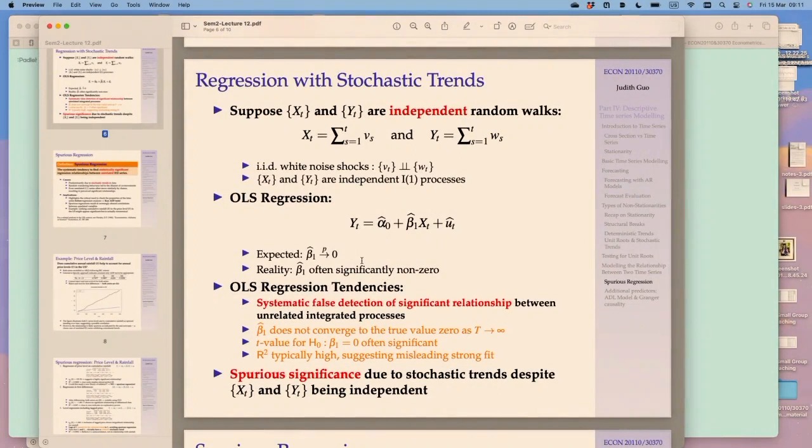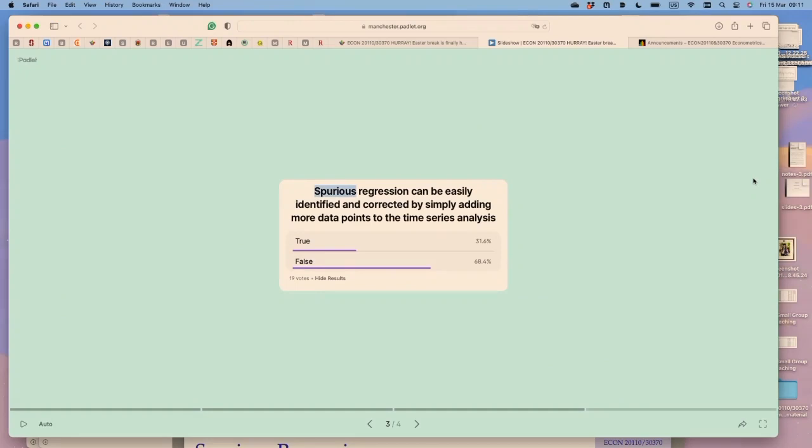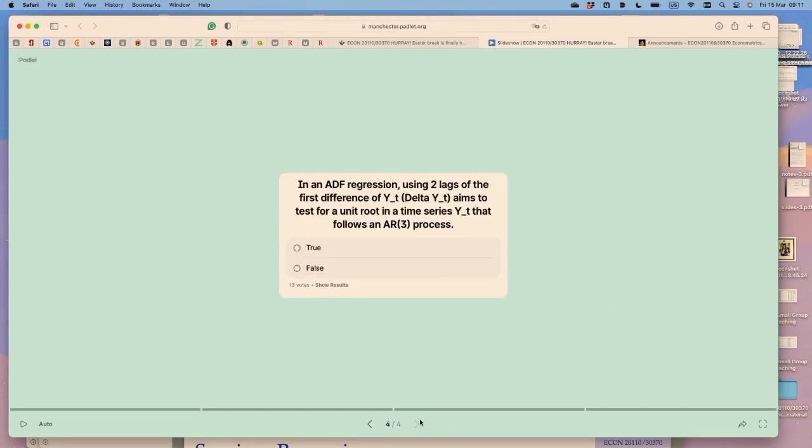And the t-value will remain large regardless of how large the sample size, and the R square will also stay quite large. So this is incorrect. Either you balance both sides of the equation by the same stochastic trend, by including a lag-dependent variable on the right-hand side, or you run regression using stationary time series. So this is the second one on spurious regression.